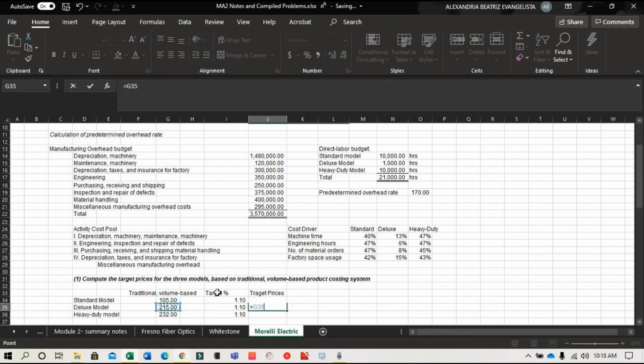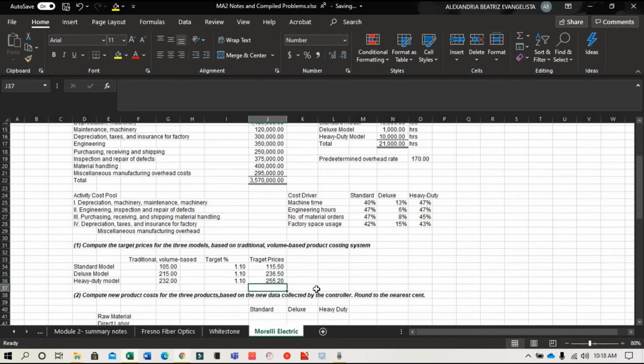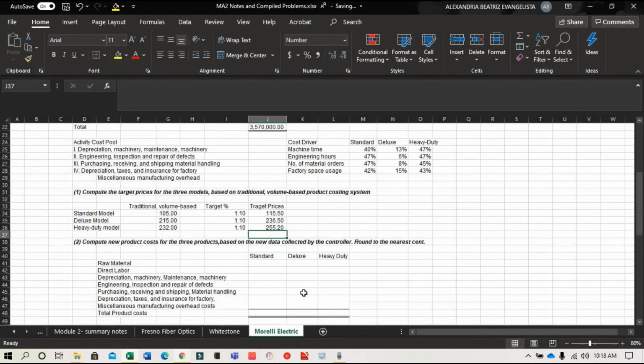Just going to multiply the product cost by 110%. So our target price for standard model is 115.50. For deluxe, that is 236.50. For heavy duty model, that is 255.20.